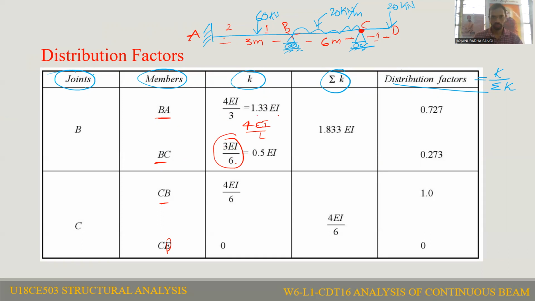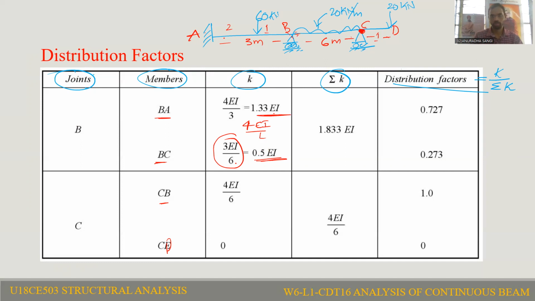So member stiffness for the fixed-fixed support, AB member, is 1.33. For the BC member, 0.5.